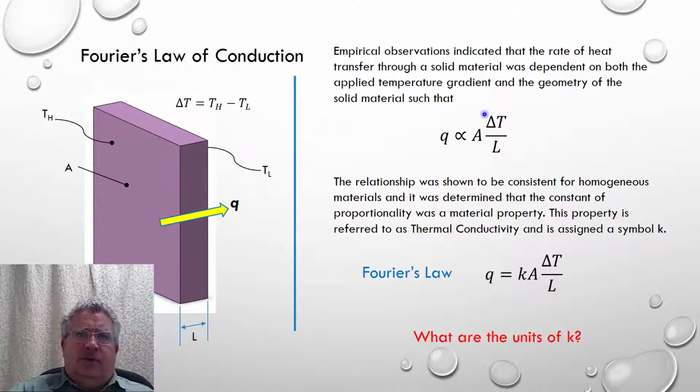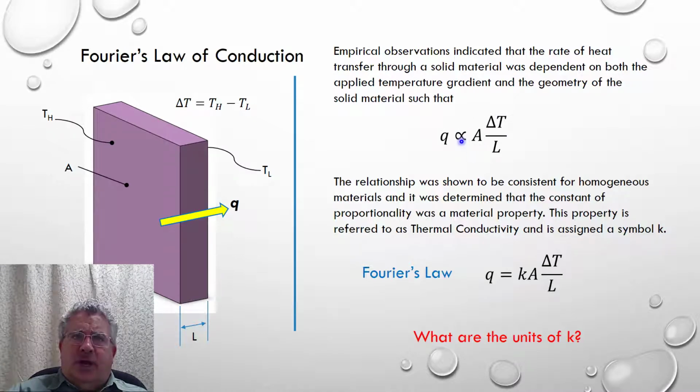He also found that if you double the temperature difference, you double the heat rate. And he found that if you doubled the length, the width of the wall, you would halve the rate of heat transfer. So these are all linear dependencies. And what he did find after doing a bunch of experiments was that these relationships would always hold, but they would be different for different materials.